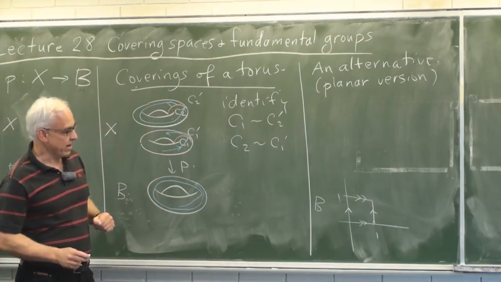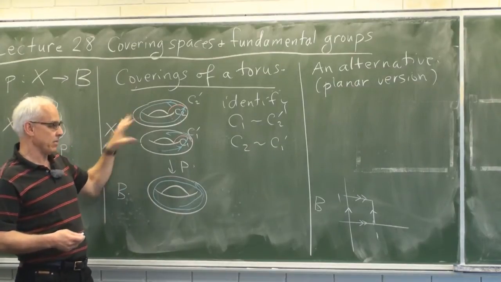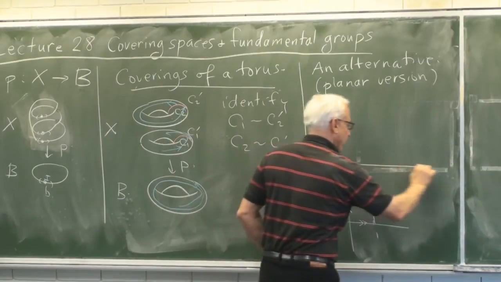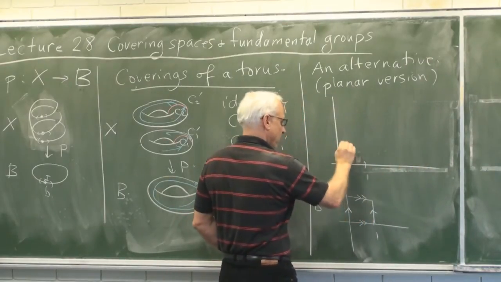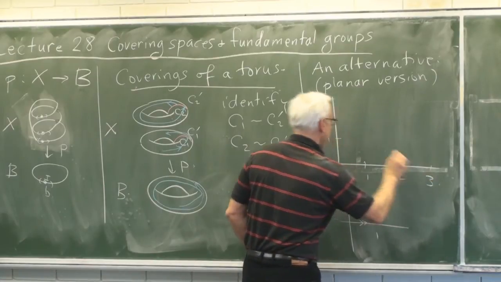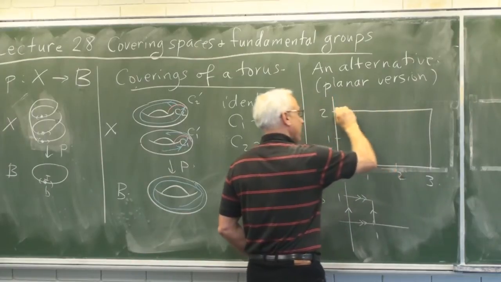Okay, now to create another kind of covering, and I'm going to create a more sophisticated one, a little bit more sophisticated than this one. I'm going to look at a bigger torus with the same scale, 1, 1, but maybe I'll go over 3 here and up 2 here, and so we'll have a bigger rectangle.